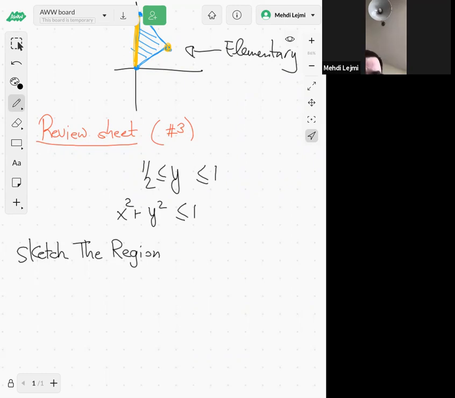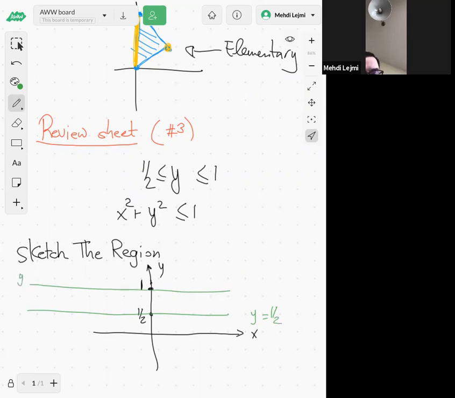But let me just sketch the region here. You have y between half and 1. Let's say this is half here, this is the y-axis, and this is 1. So y equals half, and y equals 1. And then you have this disk, x squared plus y squared less than 1. This is the disk of radius 1, the inside of the circle of radius 1.